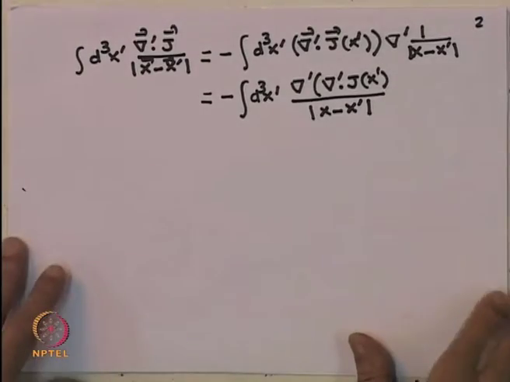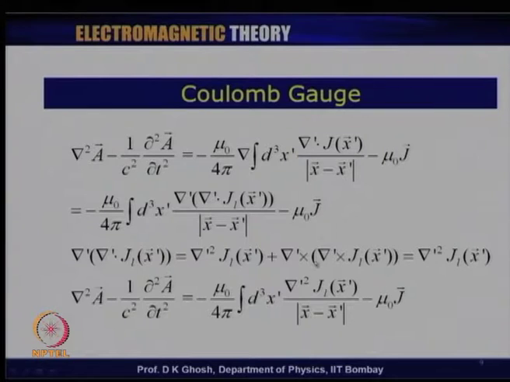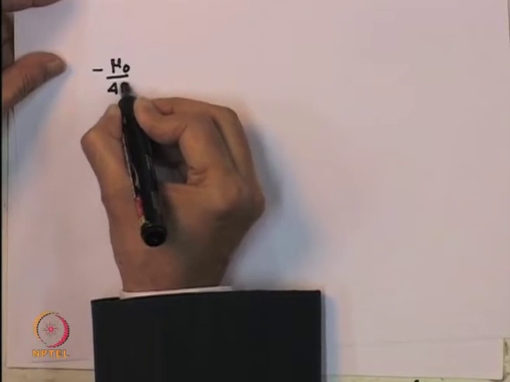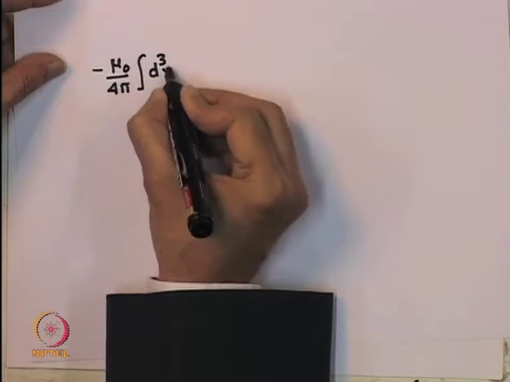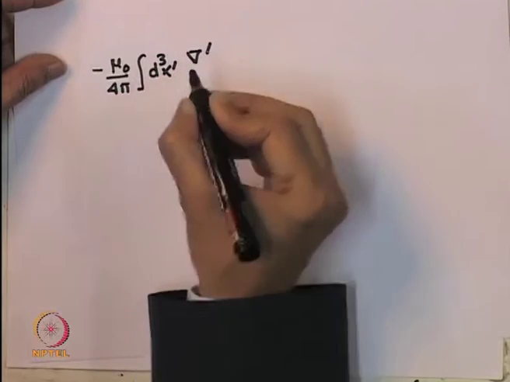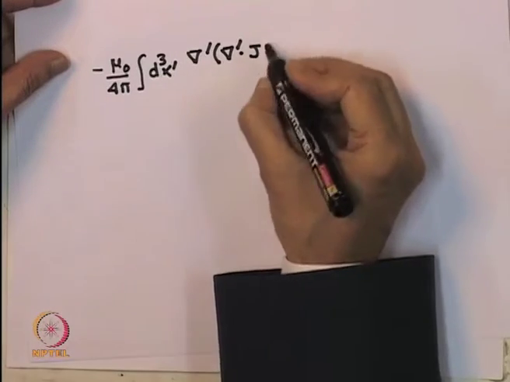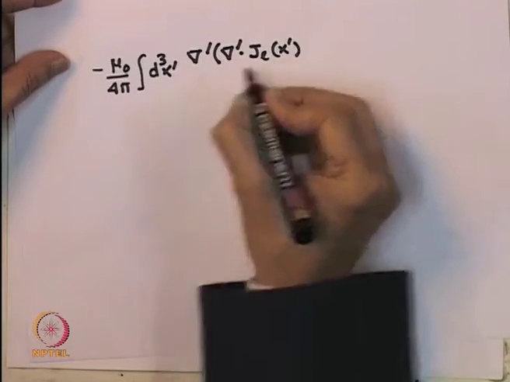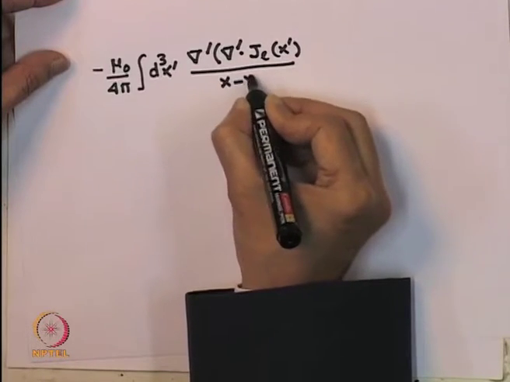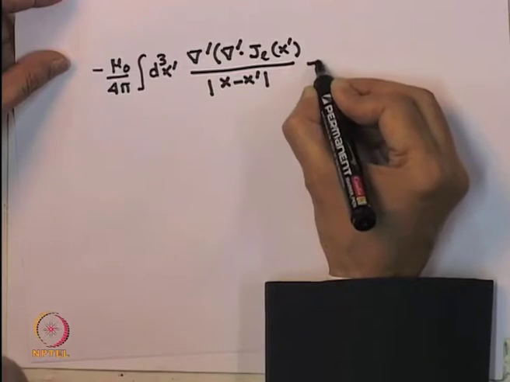So, this tells me that del square A minus 1 over c square d square A by dt square is this, and by what you just now showed, this quantity can be written as minus mu 0 by 4 pi integral d cube x prime gradient prime del prime dot j L of x prime divided by x minus x prime minus mu 0 j.